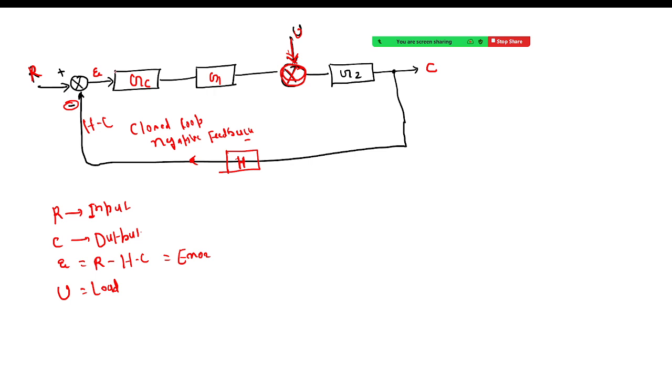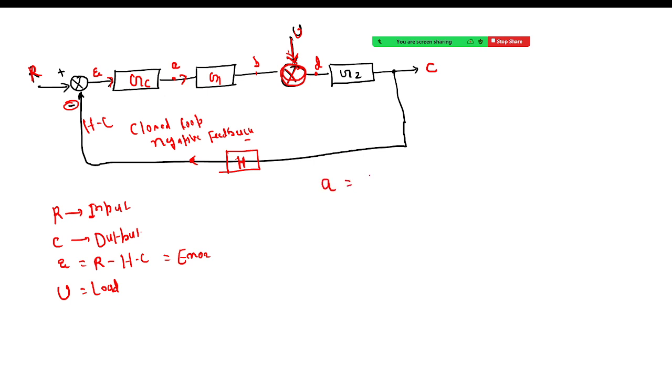So since here the error will be entering into GC, right? And after that here it will be coming. So I'll tell you, let's say here I will be naming this one A, I'll be naming this one B, fine? And here I'll be naming this one D. So what is the value of A over here? A will be equal to what?